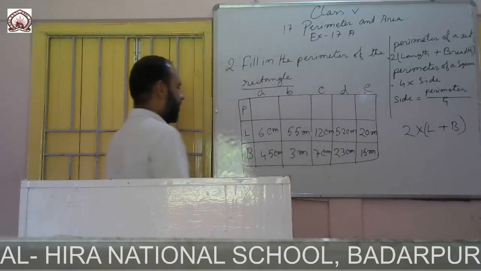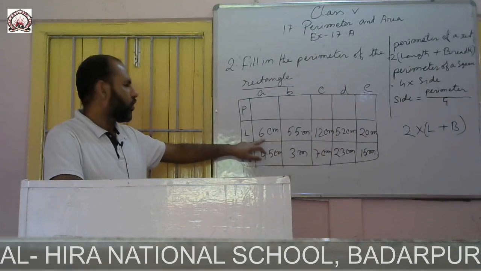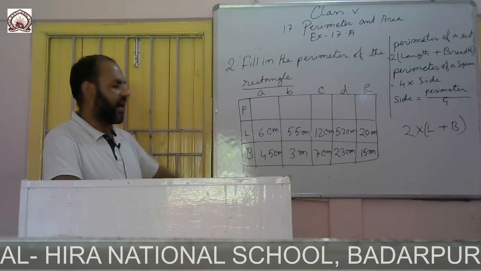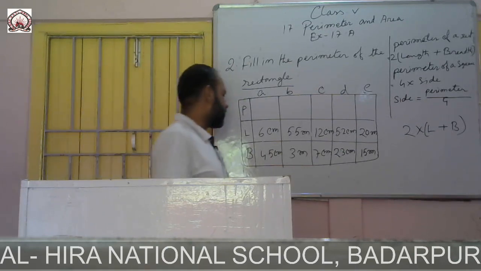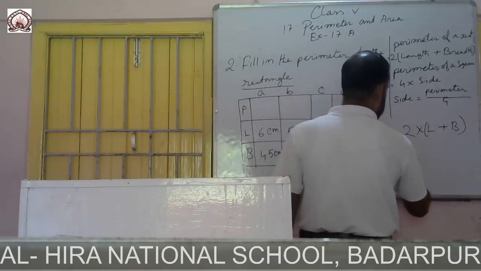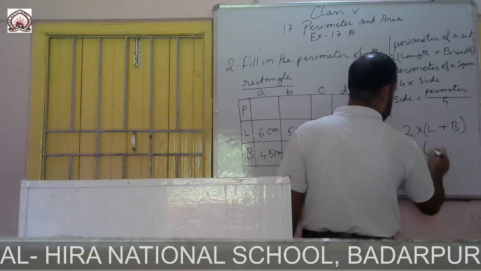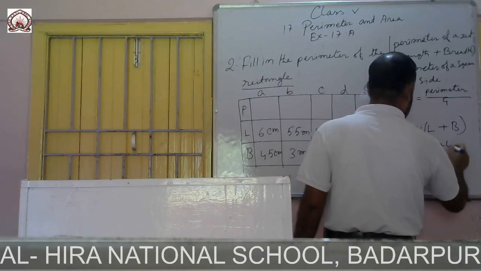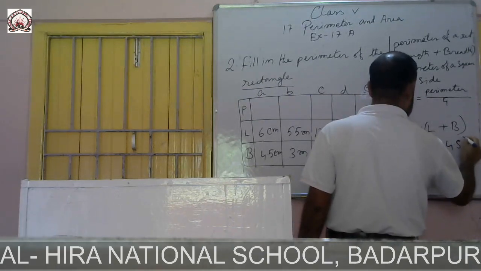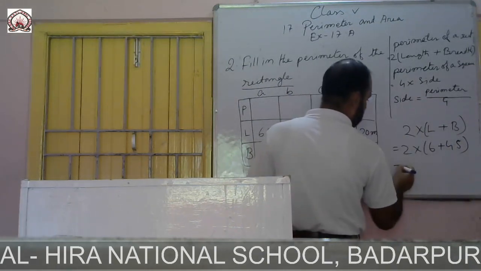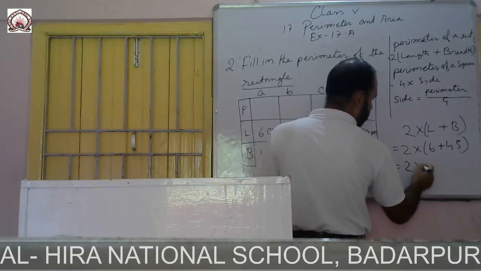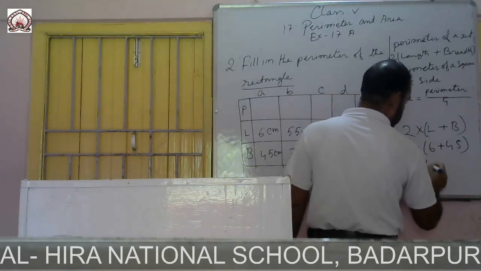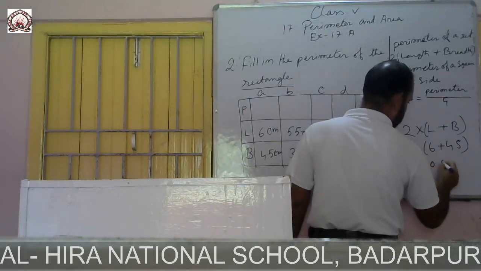Question number A, length is equal to 6 centimeter, breadth is equal to 4.5 centimeter. Now 2 into 6 plus 4.5 is equal to 10.5.